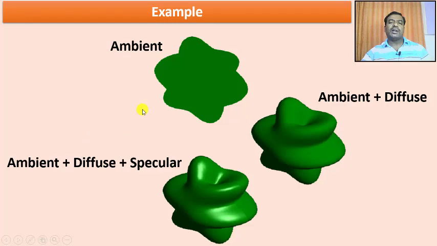And just look at this diagram. I'm going to have an object. If there's only ambient, I'm going to have this as an output. The light incident on this is scattering uniformly all over the surface. And if I bring in the ambient plus diffuse, now I know what the light source is.